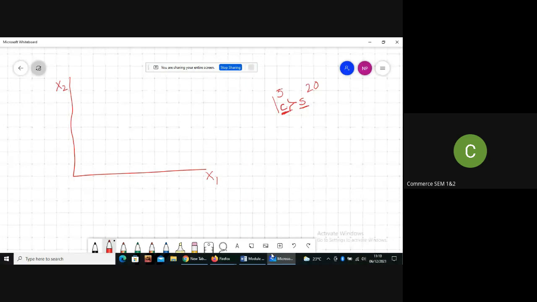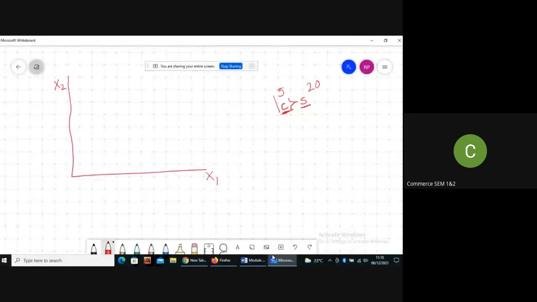I'm saying that in the indifference curve approach or ordinal utility approach, the consumer does not know the exact value of utility he or she will get from consuming a bottle of cold drink or a piece of samosa. But the consumer can rank the two commodities.